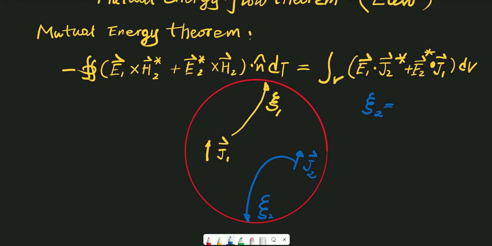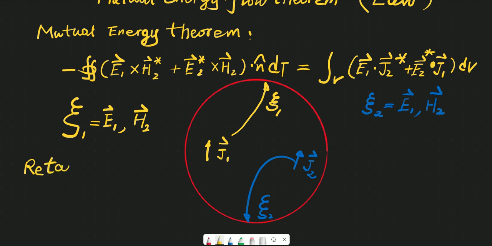C2 equals E1, H1. C1 equals this. This is the retarded wave.